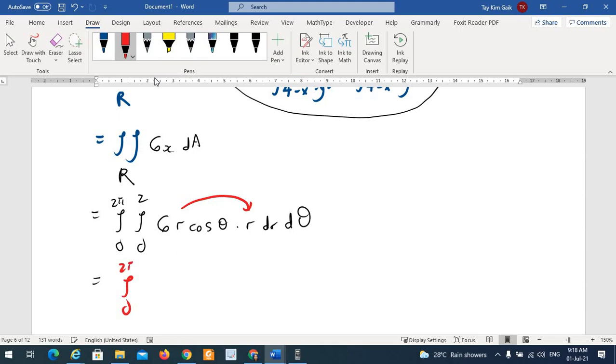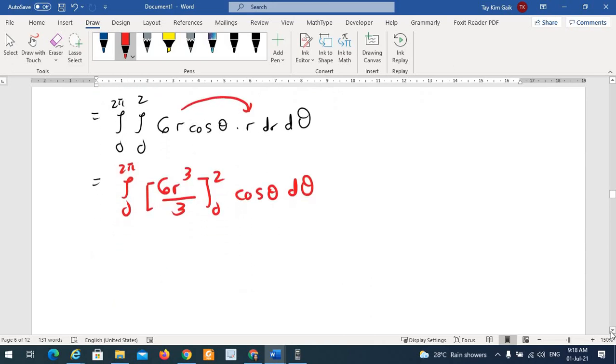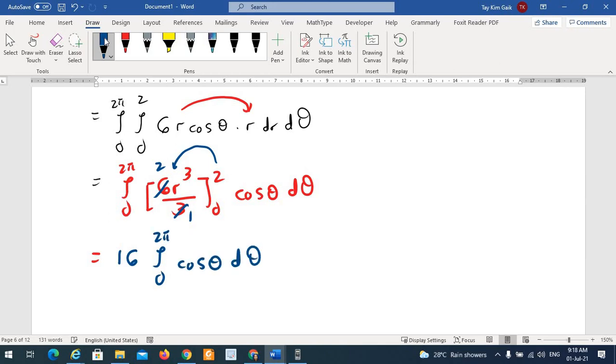So from 0 to 2 pi, integrate 6r squared, so you have 6r cubed divided by 3, with r from 0 to 2, times cos theta d theta. Then substitute r by 2, so you have 8, so in total you have 16, integral from 0 to 2 pi of cos theta d theta.